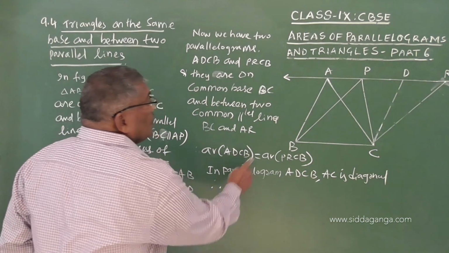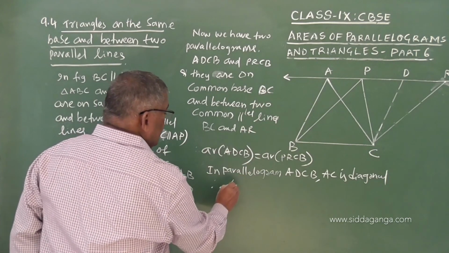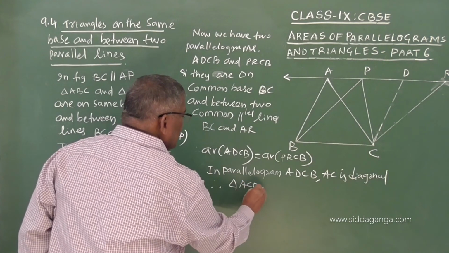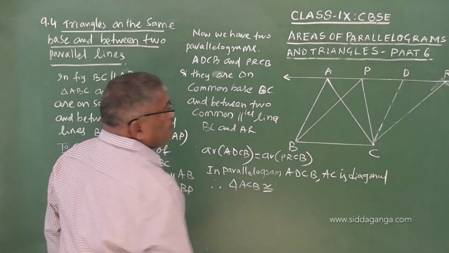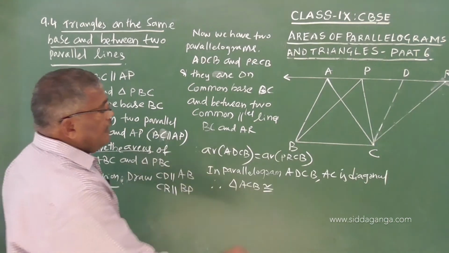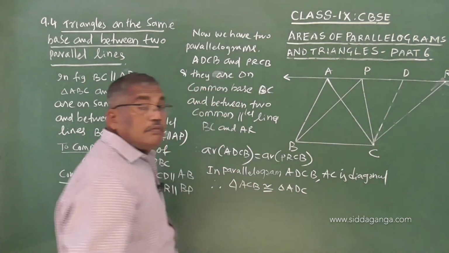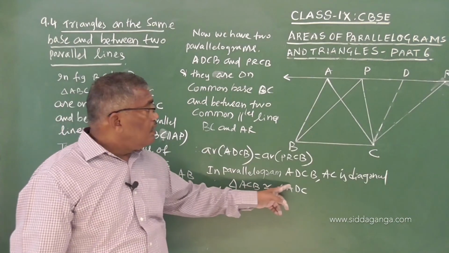So triangle ACB is congruent to triangle ADC.